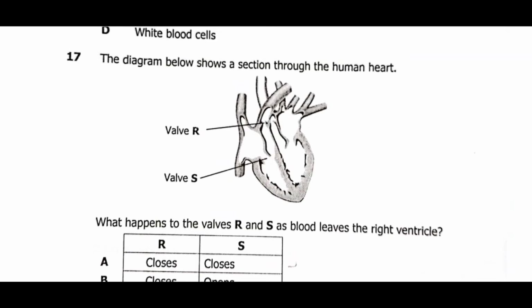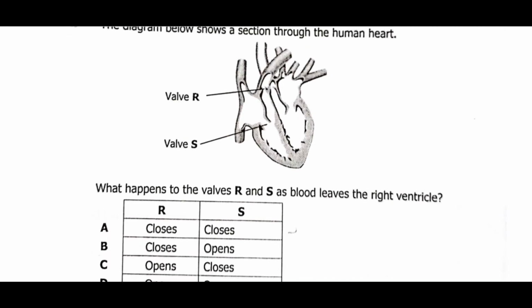The diagram below shows a section through the human heart. What happens to the valves R and S as blood leaves the right ventricle? So here, this is our left ventricle. Then we have our right ventricle here.